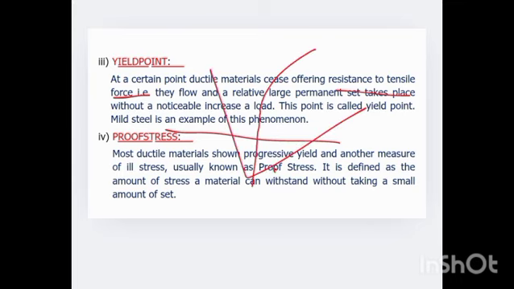We consider 0.2 percent strain here, and draw a line parallel to the elastic region, and the point at which this line intersects the stress strain curve is considered the proof stress point. This property is only applicable for materials that do not show a clear yield point.